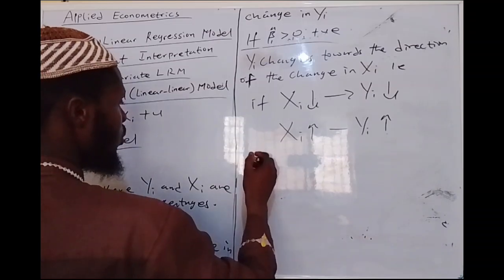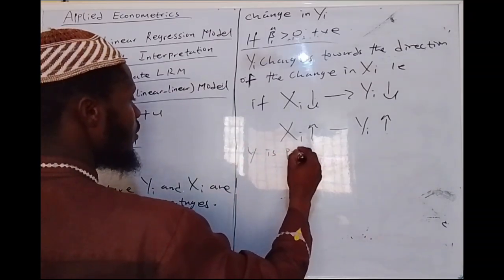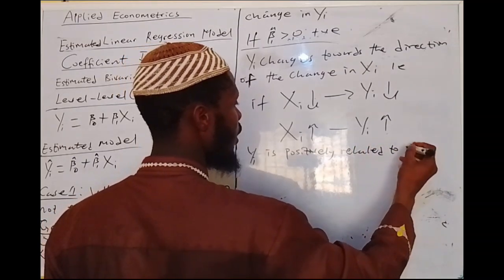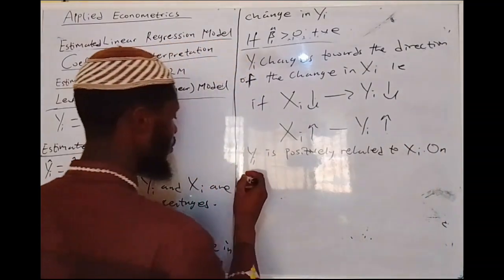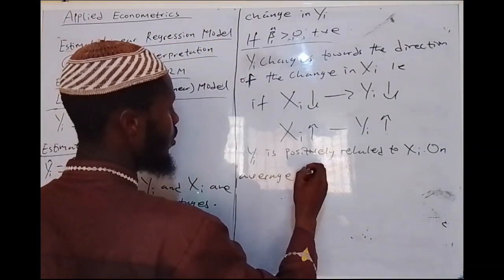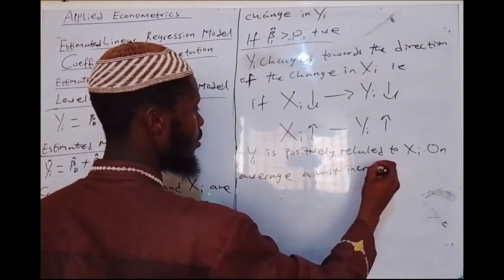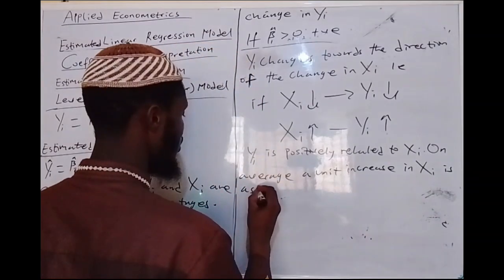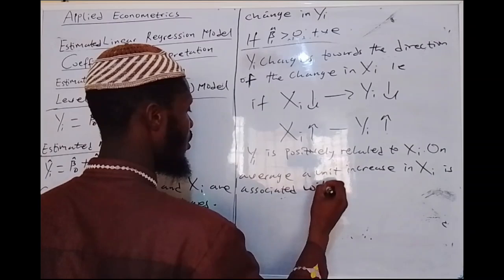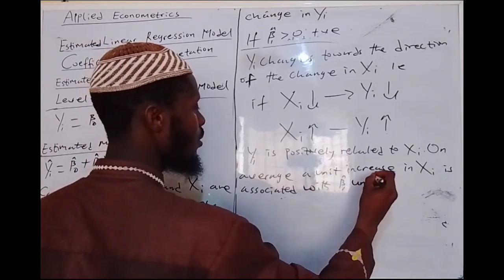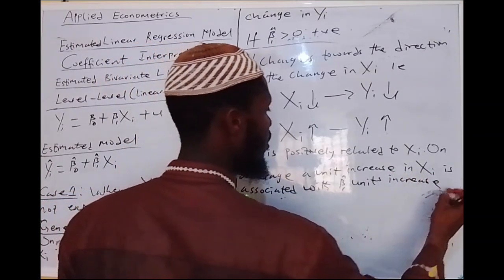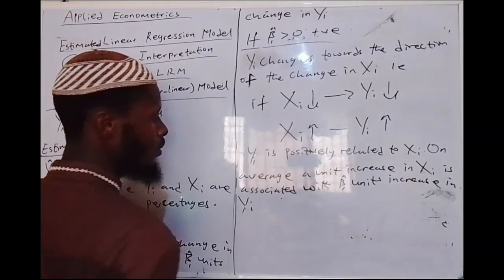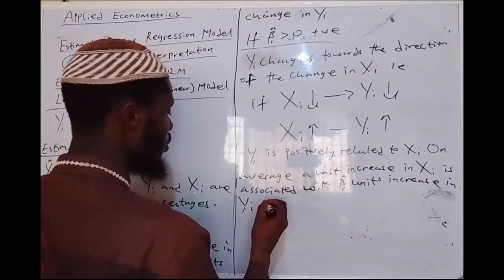So y i is positively related to x, and on average a unit increase in x is associated with beta 1 hat unit increase in y, because y moves toward the direction of x if beta 1 hat is positive.